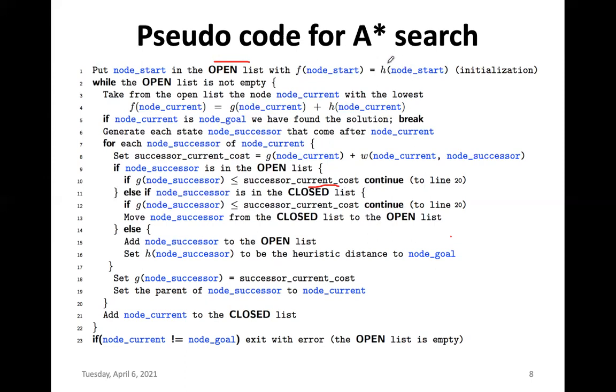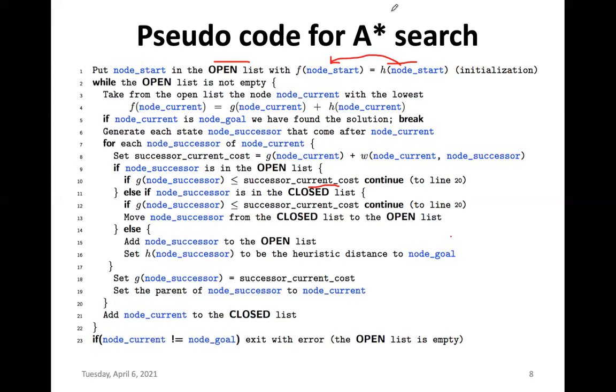Here h of start node means the heuristic value, the straight line distance of that node from the table. You have to put that value as the heuristic function value, because our equation is f of n equals g of n plus h of n, but here the equation is not written in full because it is not needed at this moment. So the starting node is Arad, and you put Arad in the open list.